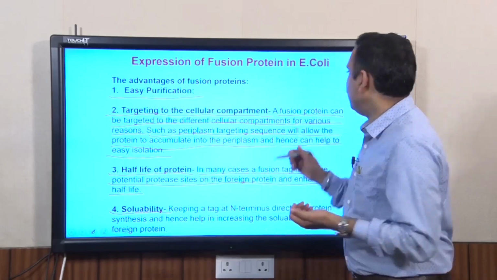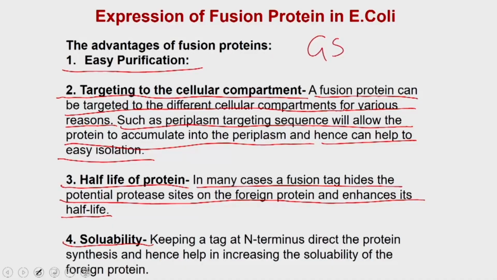For example, if you put GST as a fusion tag at the N terminus, GST is a cytosolic protein and it is very soluble in the E. coli system. So, once you generate a chimeric protein with it, since the GST is very soluble, it gives that solubility parameter to your protein also, and the whole chimeric protein becomes more soluble.